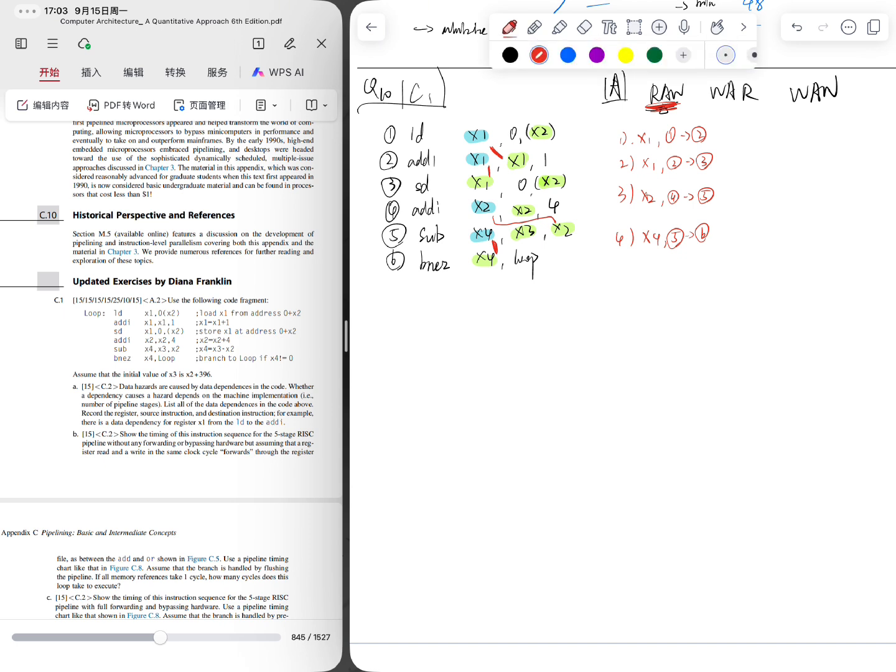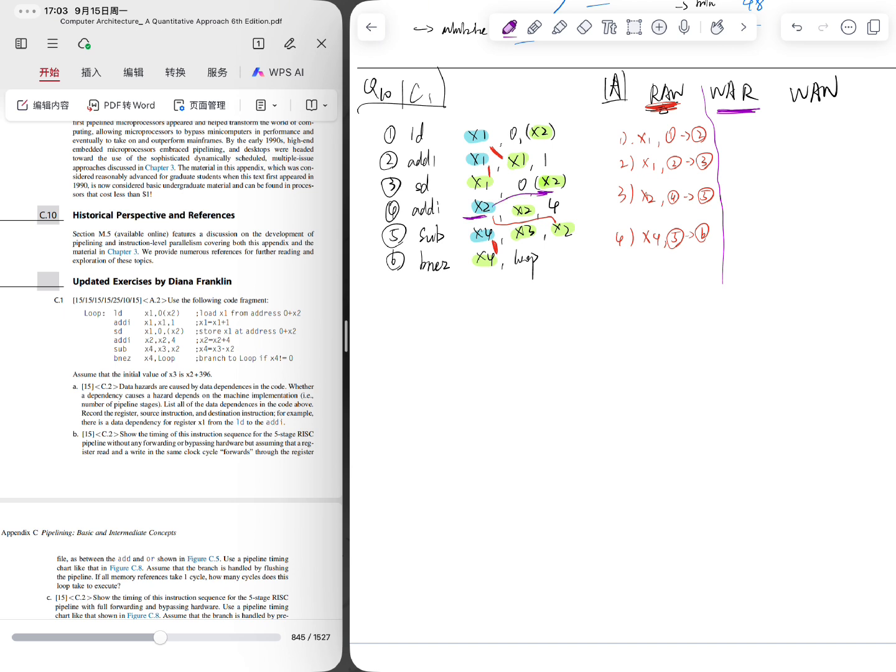And then let me use another pen, like a purple one, to represent the WAR. Okay. So are there any WAR? WAR means if you modify something after reading it. So that might be not that obvious, but firstly you can see that we are trying to modify x2 after reading it, right?